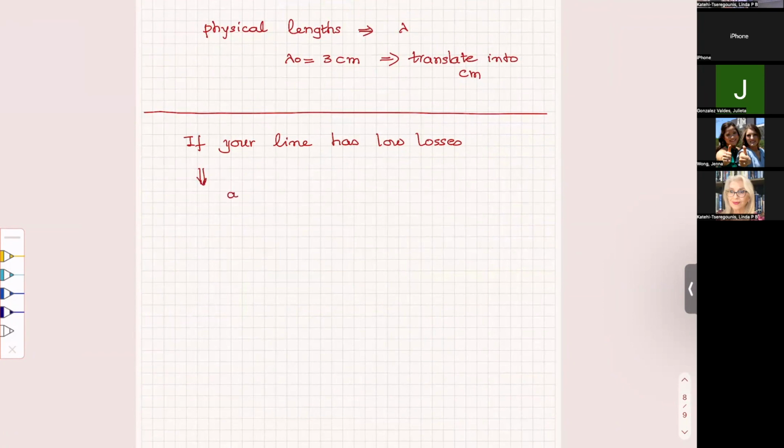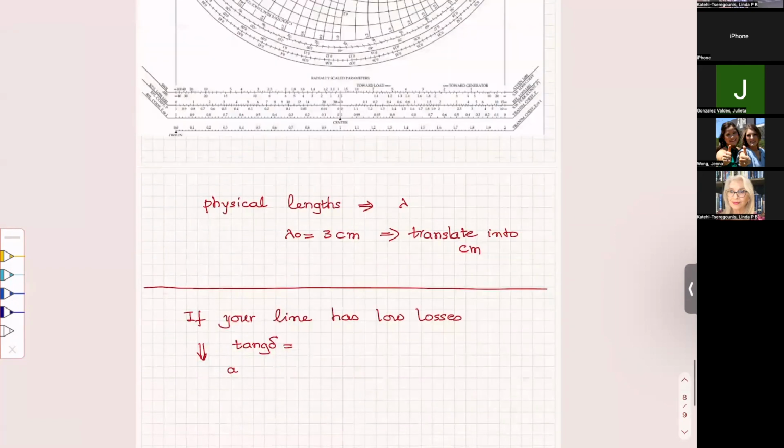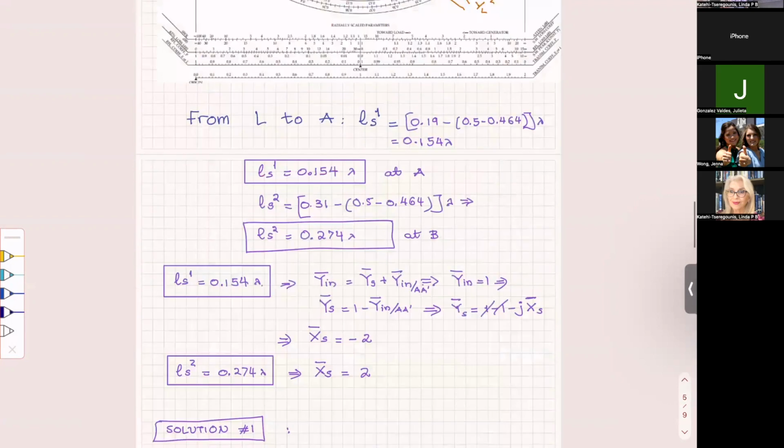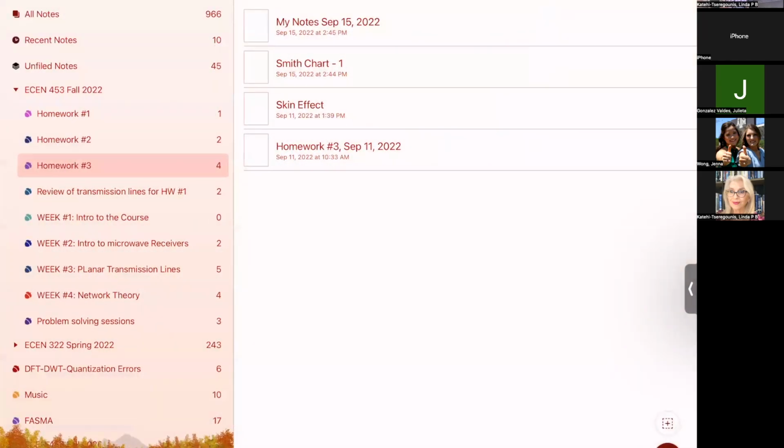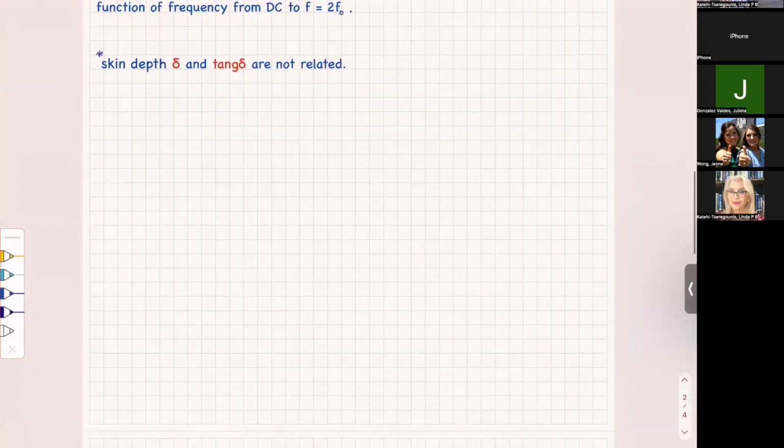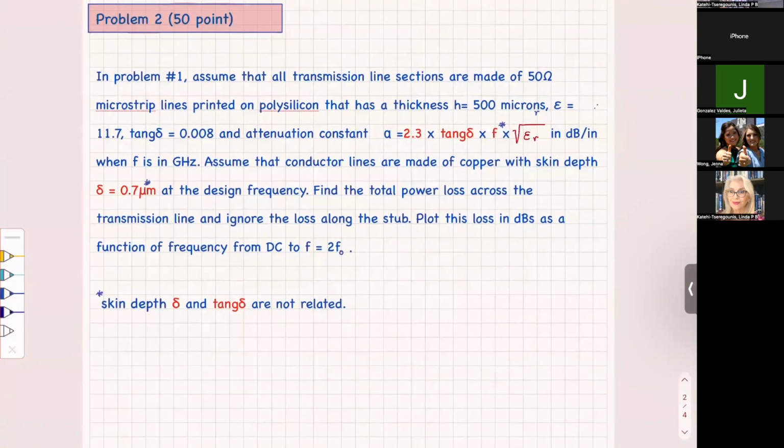And what I give you is tangent delta, which, according to the problem, is 0.008. And I give you also the function here. Tangent delta is 0.008.